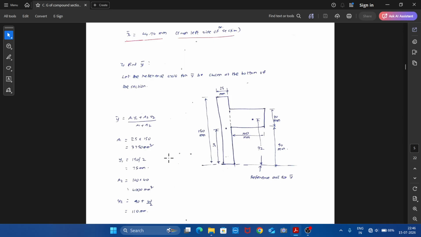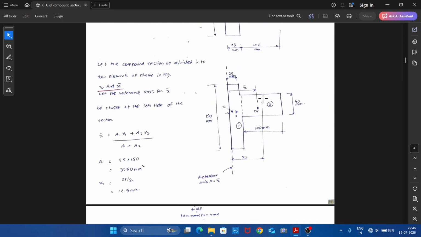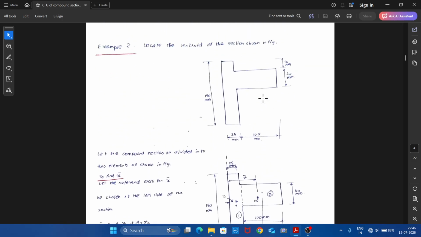Then y2. y2 is the vertical distance from the reference axis for y bar to the CG of element 2. So from here, this is y2. To find y2, we need this clear distance, which can be found using 150 minus the distance given in the problem. From the top, it is located at 20 mm.